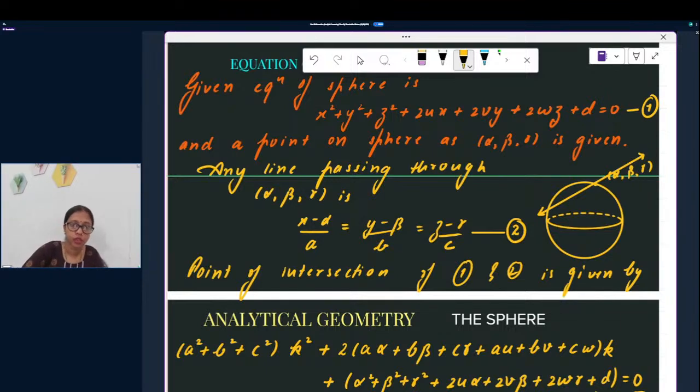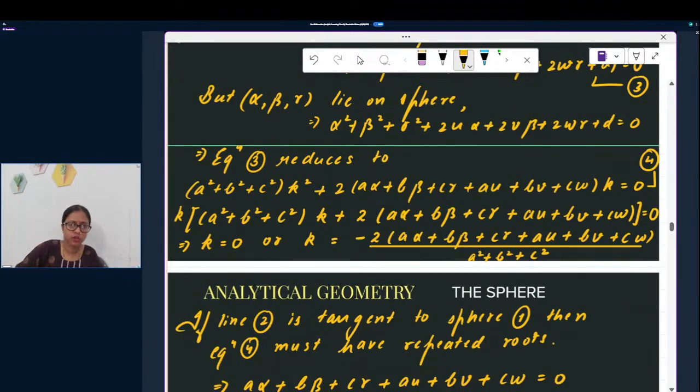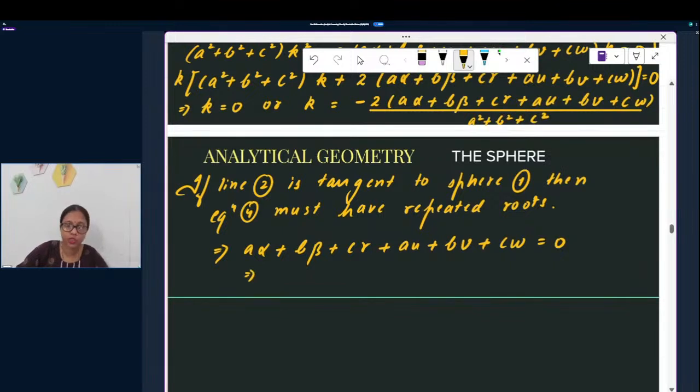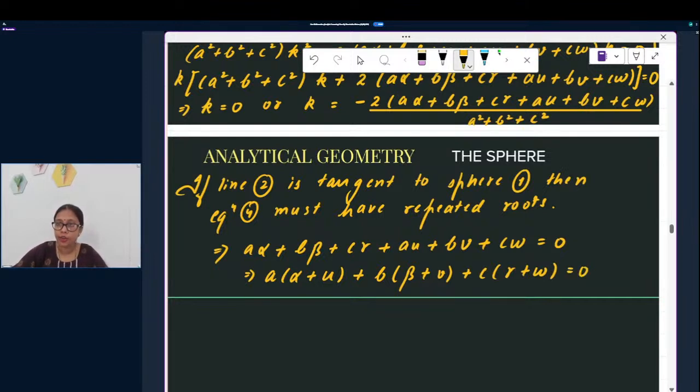All right. So just one more simplification. We'll talk about tangent plane tomorrow. Please go through this tangent line part. a times alpha plus u, plus b times beta plus v, plus c times gamma plus w is equal to 0. Let it be 5.